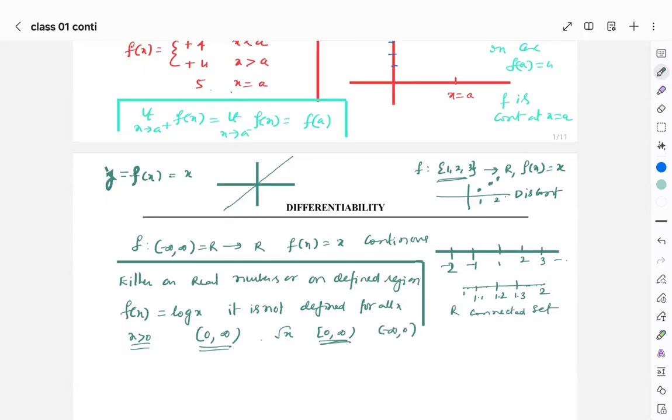Once it is not in the domain, for example at x equal to minus 2, is root x continuous? Simply, the answer is discontinuous. Once it is not there in the domain, we say it is discontinuous.